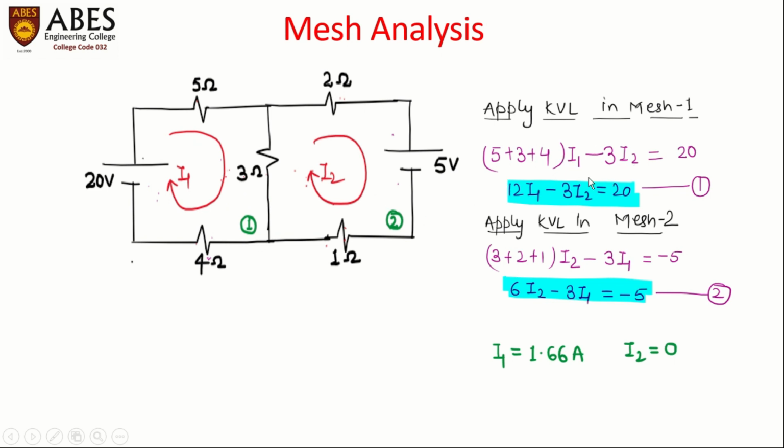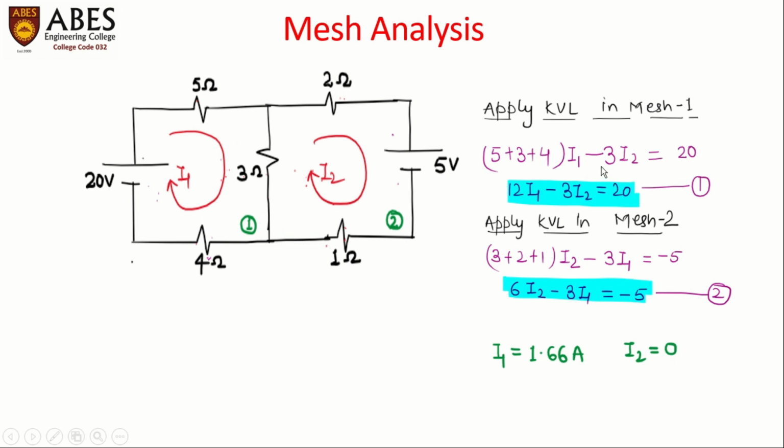Now this one would be positive or negative. It would depend upon the direction of I2. Now you can see here in 3 ohm resistance, the direction of current I1 is upward to downward direction, and the direction of I2 is downward to upward direction. It means I2 is flowing in the 3 ohm resistance in the opposite direction of I1.